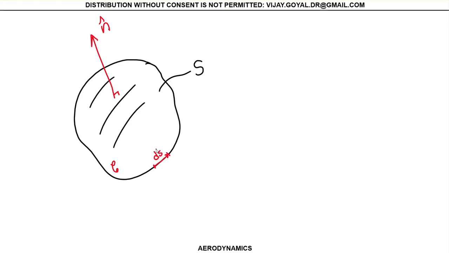It's a vector. And at this location you also have a velocity v. This represents nothing else than the closed path.